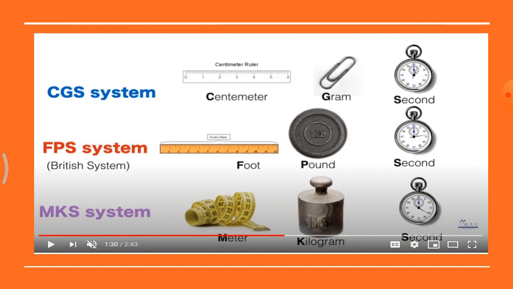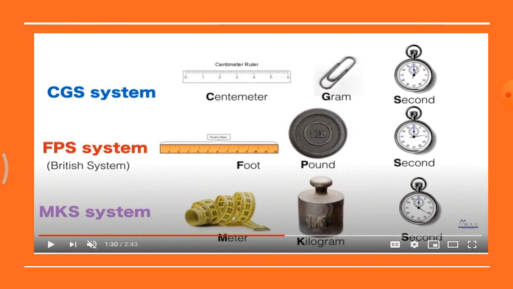In the CGS system, they are using centimeter for length, gram for mass, second for time. FPS system. This is also called the British system. In this, F stands for foot, P stands for pound, S stands for second. In the FPS system, they are using foot for length, pound for mass, second for time.